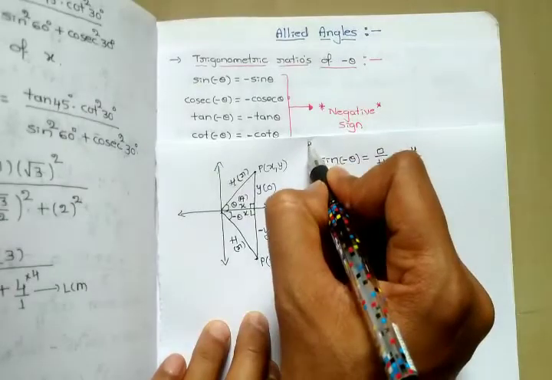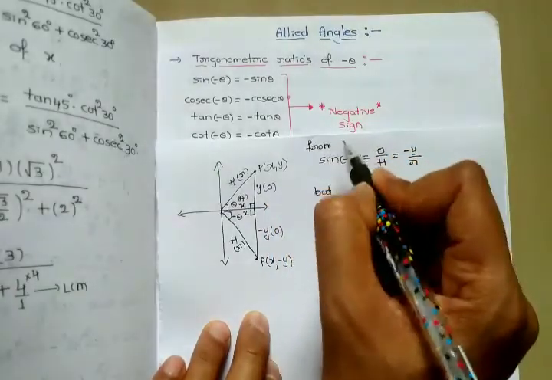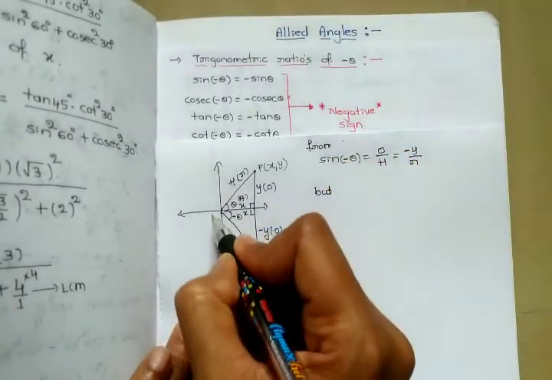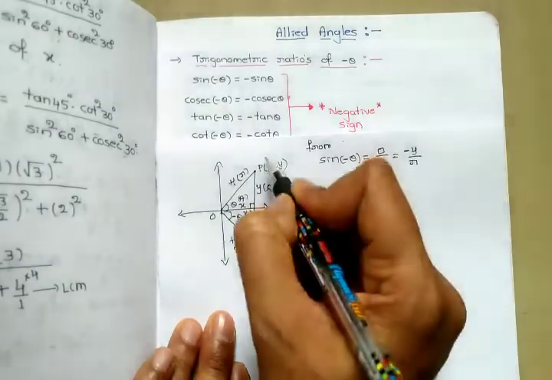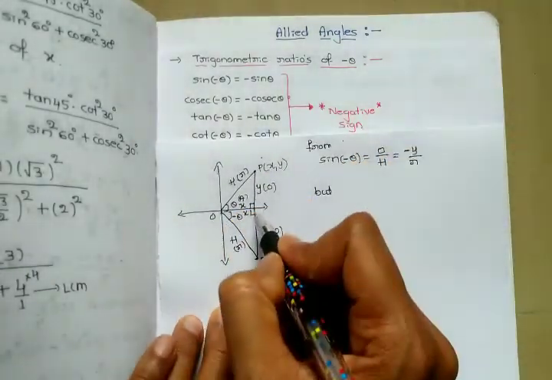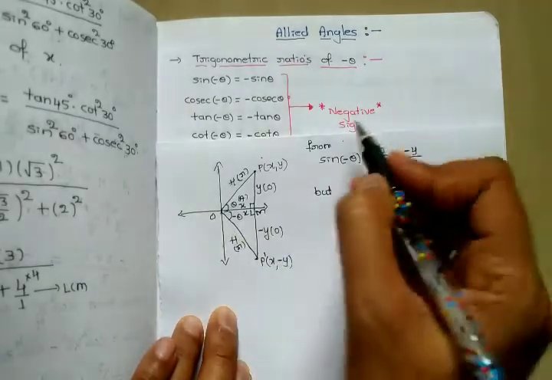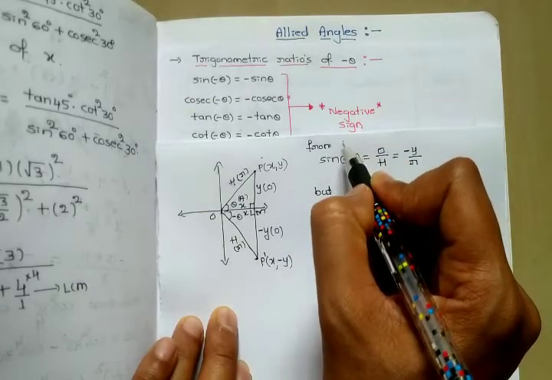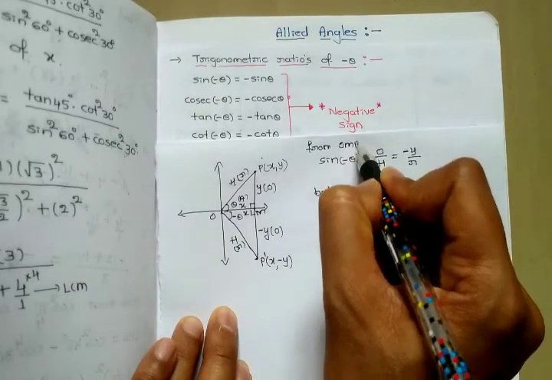Here, from the right angle triangle, I call this O P dash, here I am going to call P, this is M, so this is O M P dash.